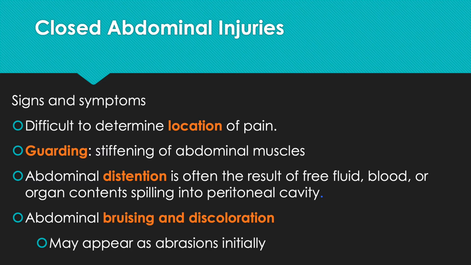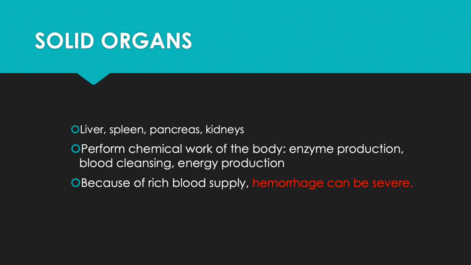There's a lot of variables with the closed abdominal injuries. Your solid organs, these are the ones that are highly vascular, and the hemorrhage will most likely be severe. So your liver and spleen and pancreas, kidneys, these are the solid organs that you worry about hemorrhage.